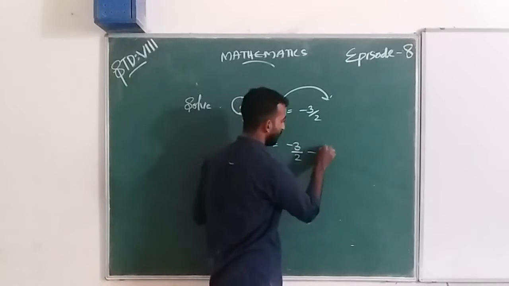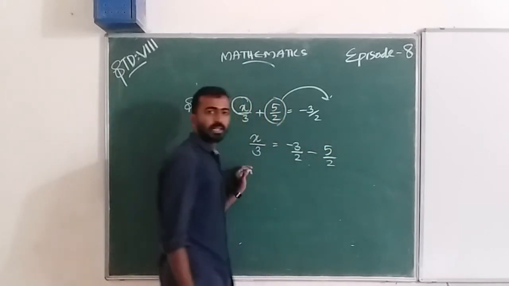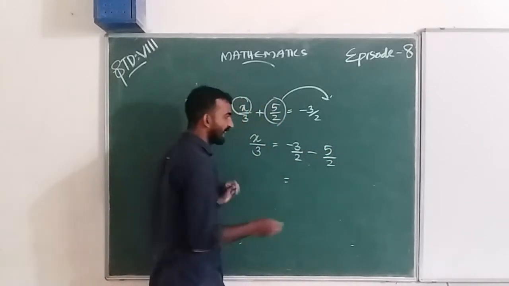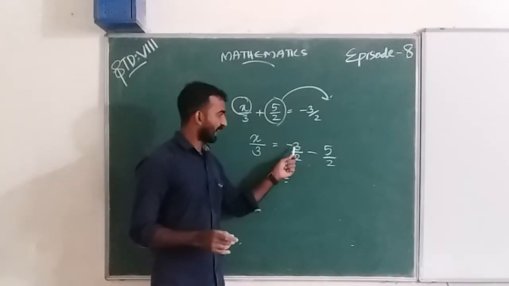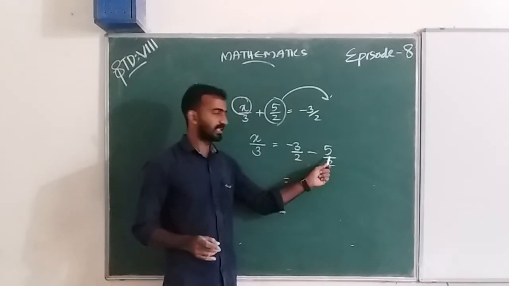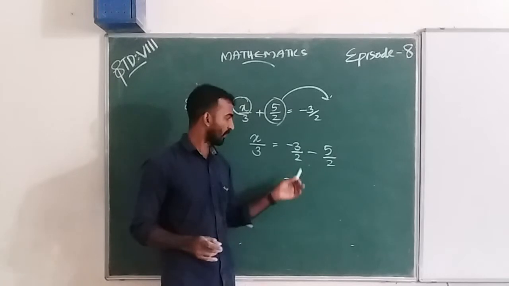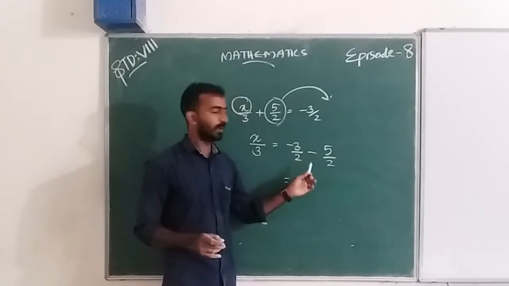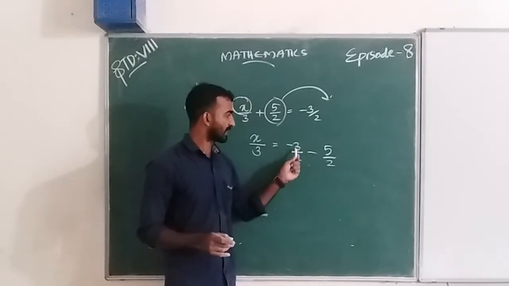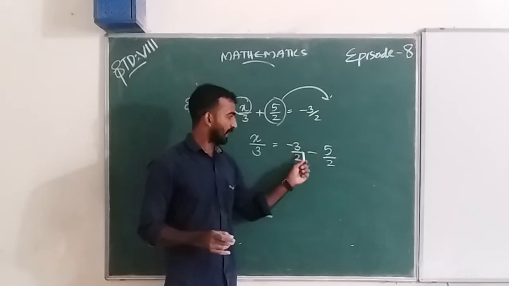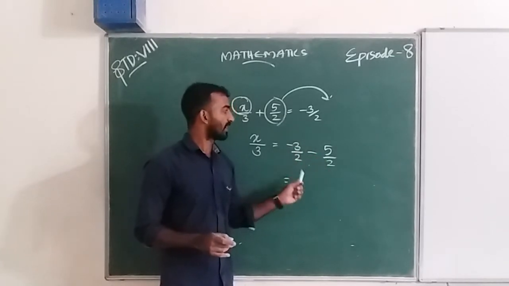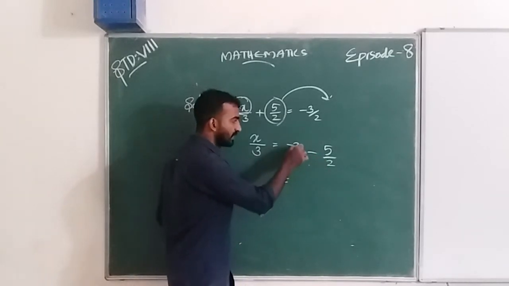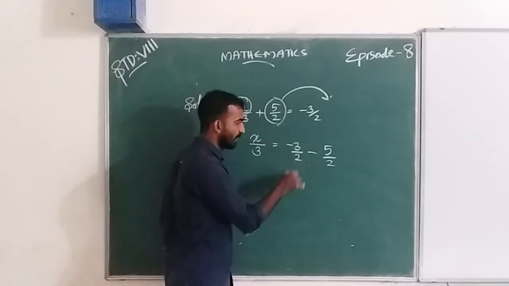Here we can see this is a rational number and this is a rational number, 2 not equal to 0. This is in p by 2 form. So these are rational numbers, and this is the numerator and this is the denominator.